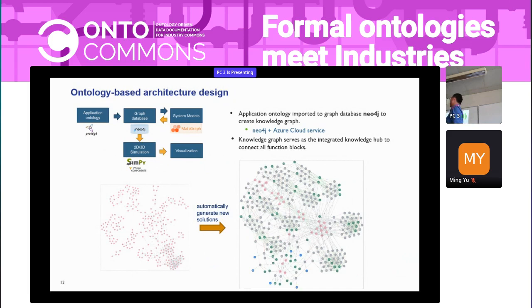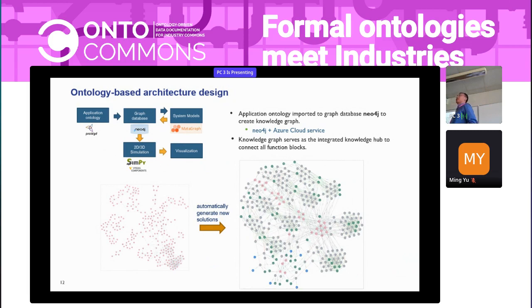Once we have the ontology ready, we use it as a backbone to construct the graph database. Here we use Neo4j because they provide a free community version. Then we can trigger an automatic generative algorithm.